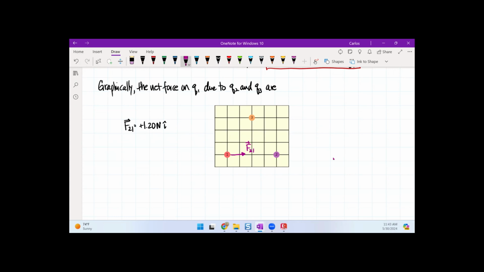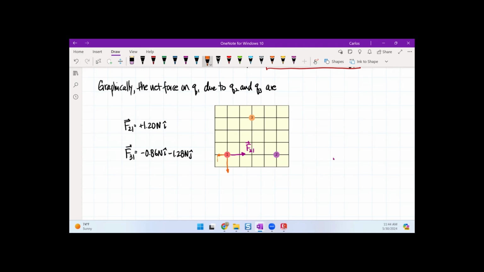Now, if I look at this other square here, what am I seeing here? I have a vector force F31 that reads minus 0.86 newtons in the i direction and 1.28 newtons in the j direction. So when I'm looking at this thing, I'm seeing that this guy has a component that's not exactly 1. This guy has to go longer than a square. Let's say it goes to here.